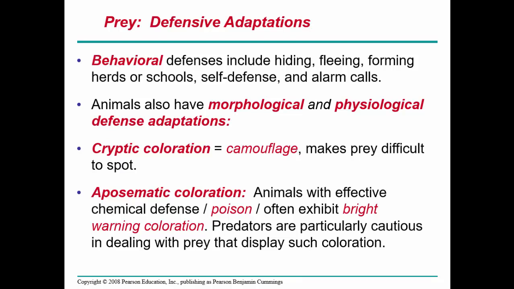So the predators will have difficulty eating them because the body consists of poison. And mostly in aposematic coloration, the animals who have this skill look bright. So why bright? Because bright indicates warning. So the bright color is a warning for the predators.